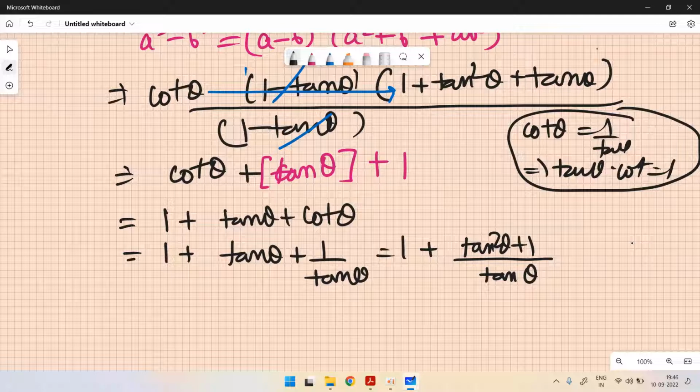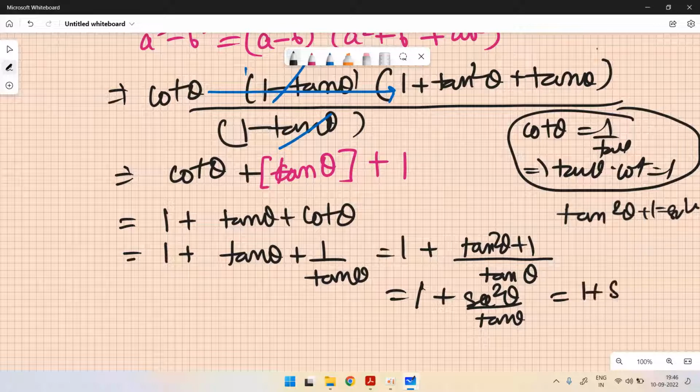So you know that tan square theta plus 1 is secant square theta. So the expression is 1 plus secant square theta, and you know that 1 by cot theta is 1 by tan theta, so it is 1 plus secant square theta into cot theta.